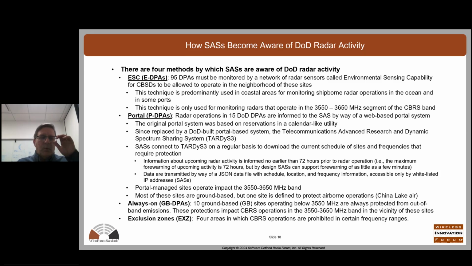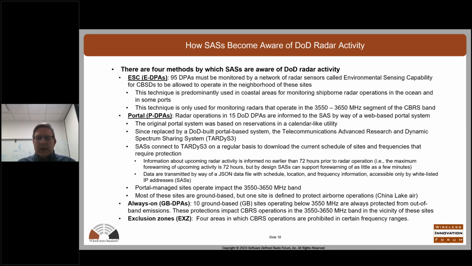There's also some always-on ground-based DPAs. So these are sites where they may operate below 3550, so outside of the CBRS band, but they have to be protected from out-of-band CBRS interference anyway. Because our sensors don't work below 3550, those dynamic protections are always on. Not a big deal because their neighborhoods are very small, like 2 kilometers.